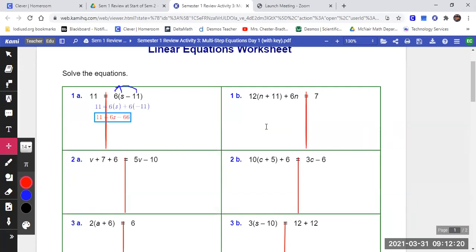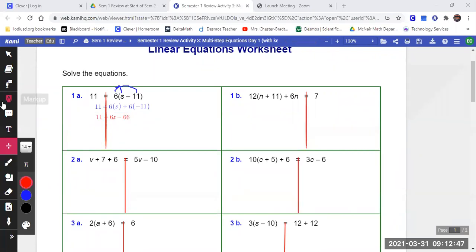We're going to go do our big zeros and our big ones. We use big zeros to get rid of addition and subtraction. We use big ones to get rid of multiplication and division.